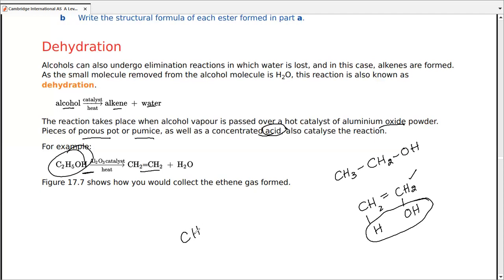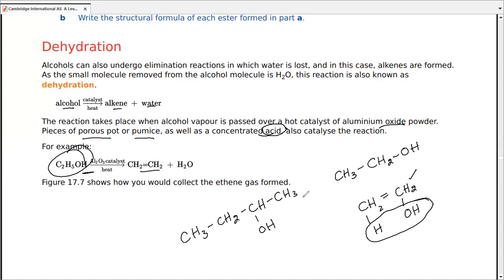So if you have some other alcohol, let's suppose you have this, then you can form a water molecule out of it. Since there are two adjacent carbon atoms, you can take either one of the hydrogen atoms, whether you take it out from the left or the right.